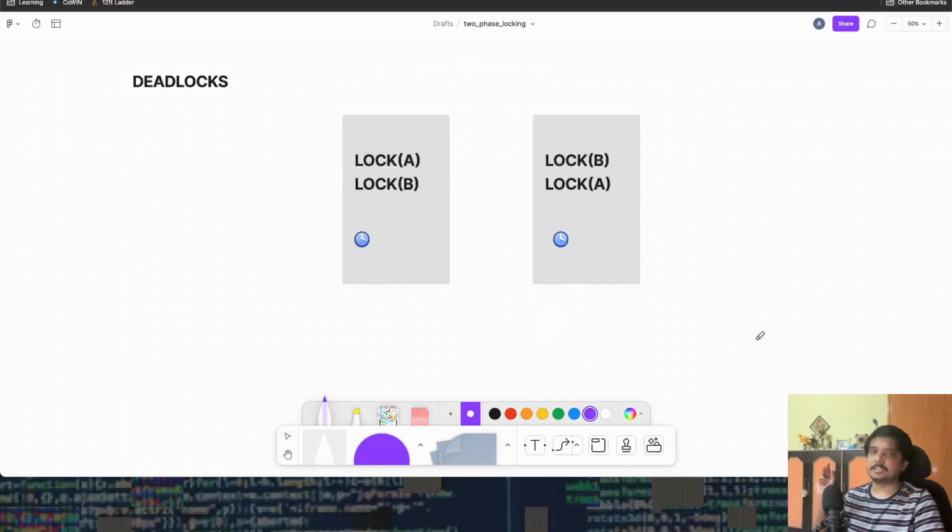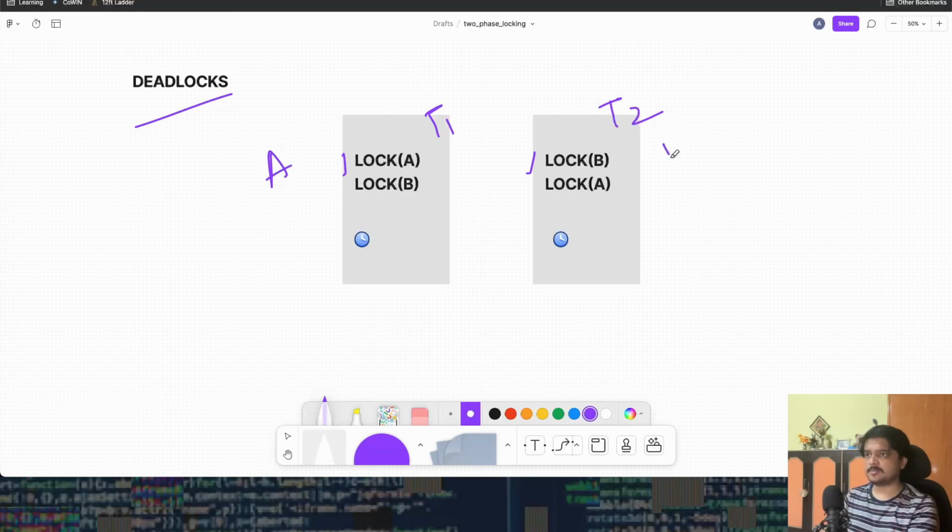There is another problem, and this is the scarier one. See, whenever concurrency comes and whenever locks come, this little friend comes back to us, which is deadlocks, right? What is deadlock? So in deadlocks, you see that I have the T1 transaction and the T2 transaction. The T1 transaction is asking for a lock on A, the T2 transaction is asking for a lock on B, and they get these locks.